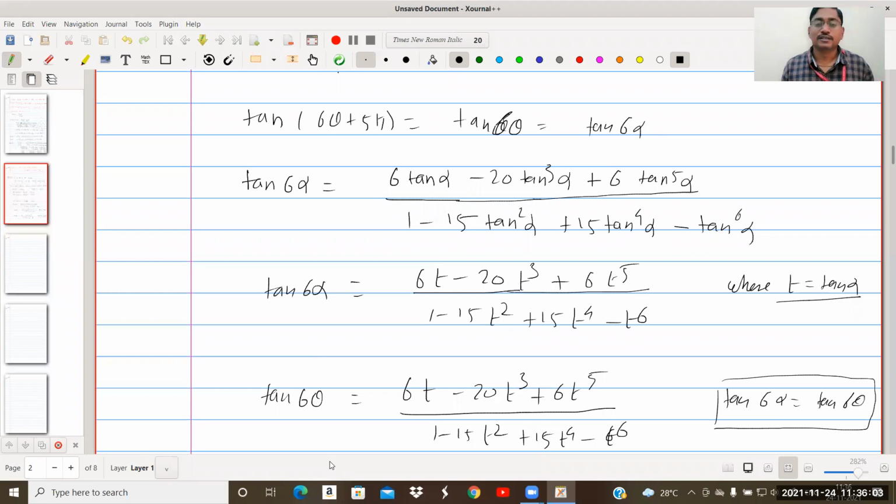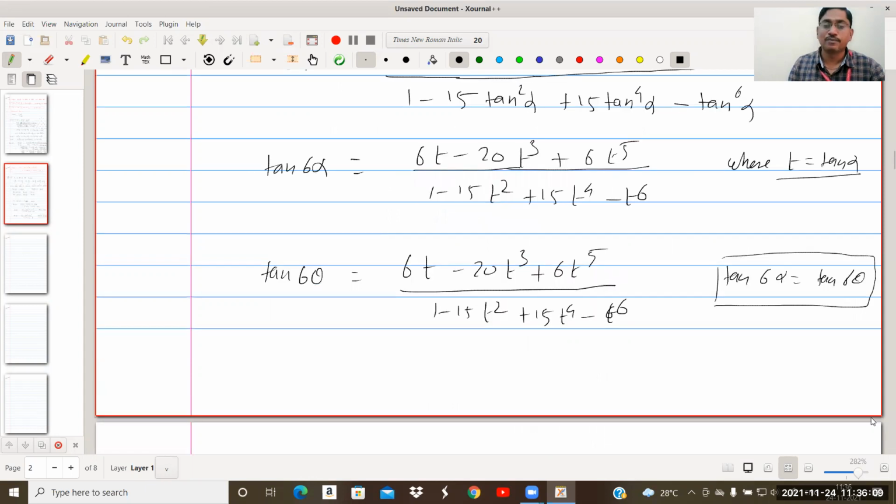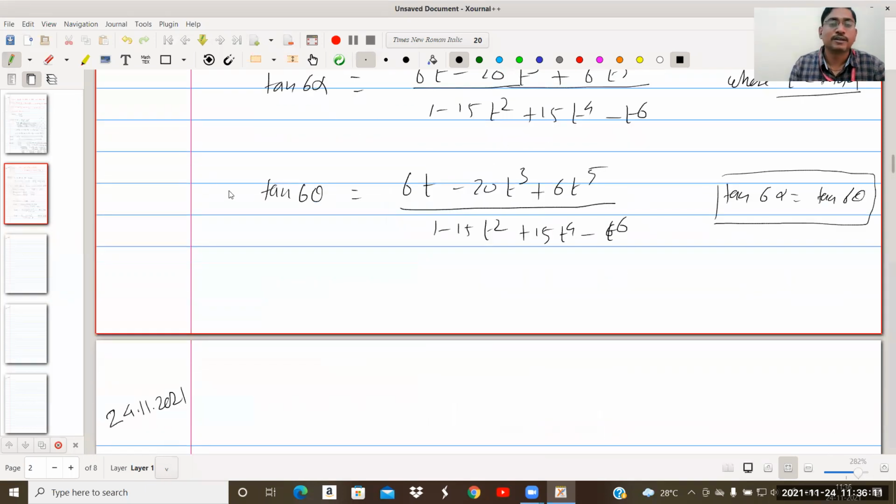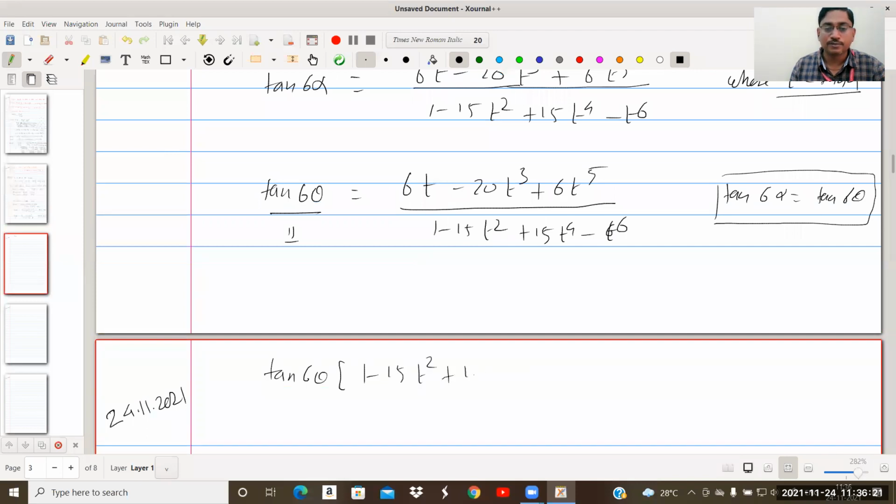That means you have total 6 values of this t because it has degree 6. How is it a degree 6 polynomial? I'll just cross multiply. So tan 6 theta multiplied by 1 minus 15 t square plus 15 t raised to 4 minus t raised to 6 equals 6t minus 20 t cube plus 6 t raised to 5.